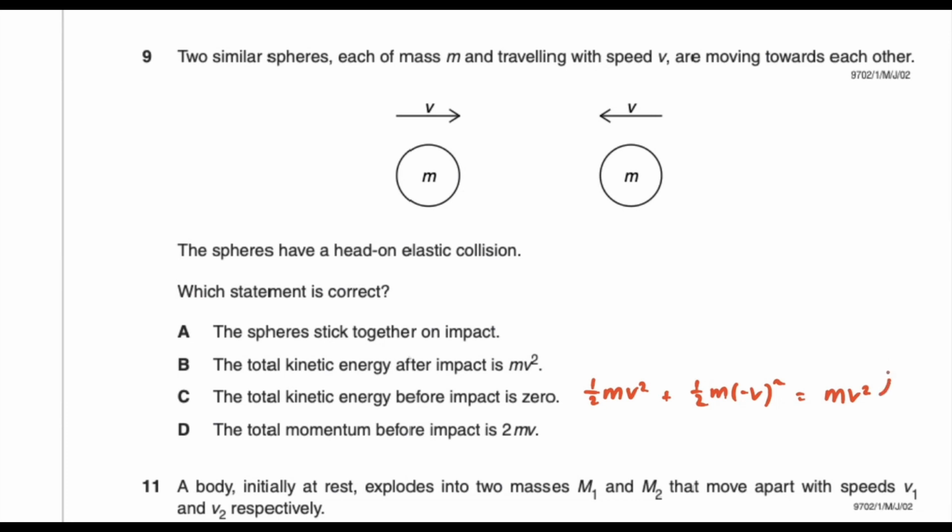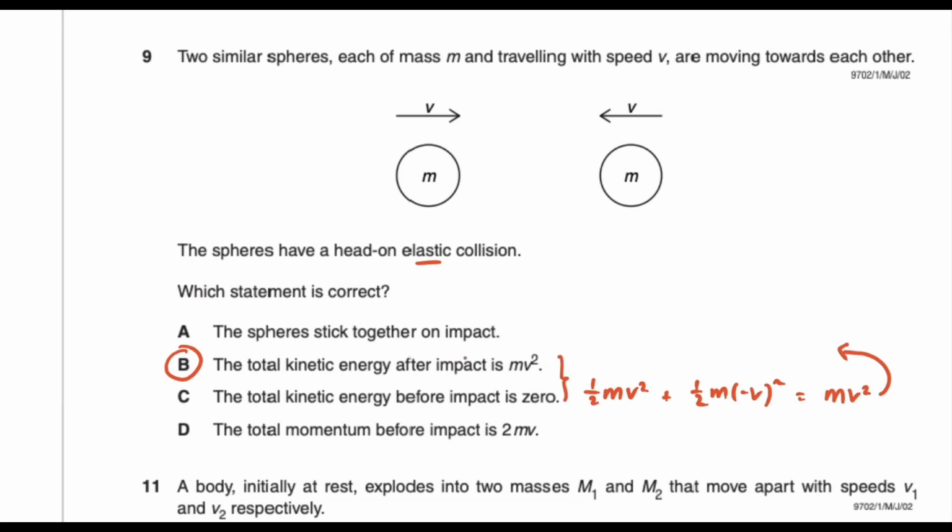So from here, you know the answer is B already. Oh. Okay, so we count like this to get the kinetic energy before impact. Before impact is mv square. Since they say elastic, so after impact should be mv square also.